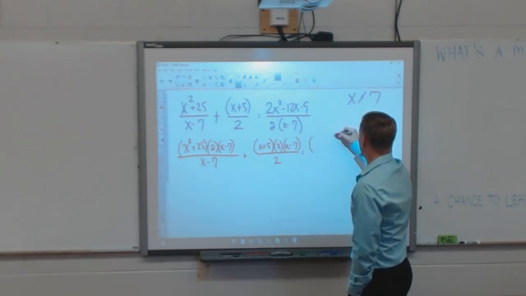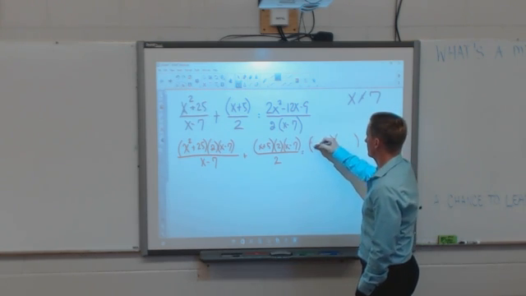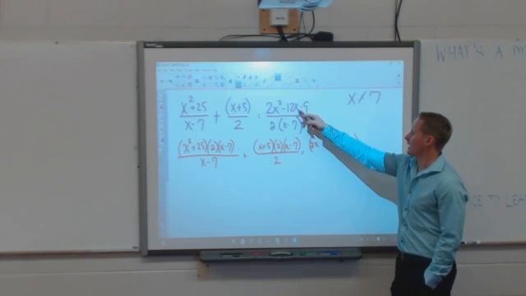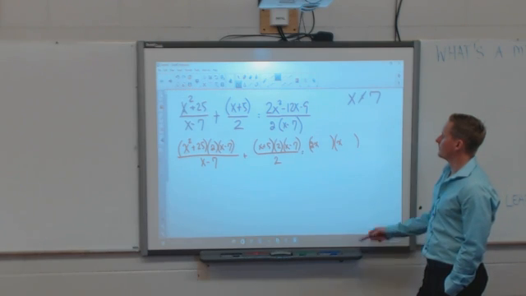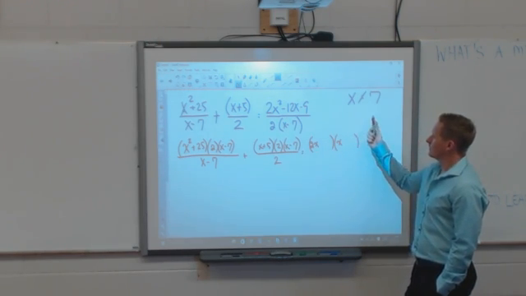Okay, so I'm factoring it. What are the factors of 2x squared? 2x and x. Now I need the factors of 18 that are going to add to give me 12. Okay, just give me a second here.